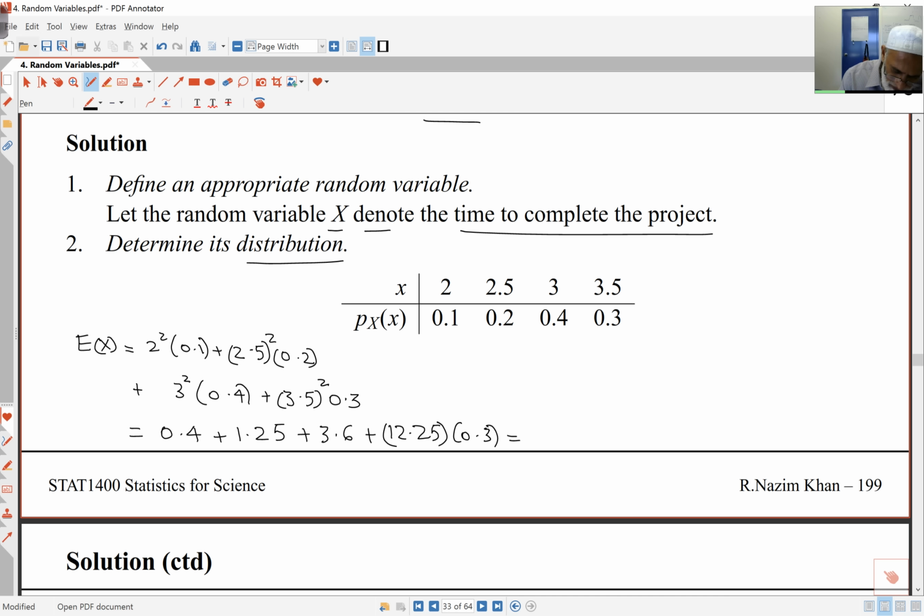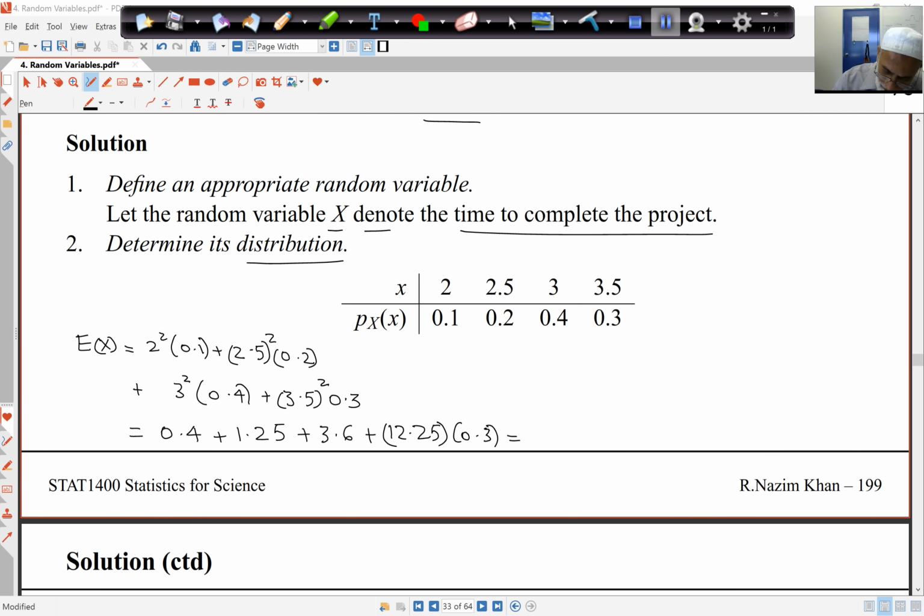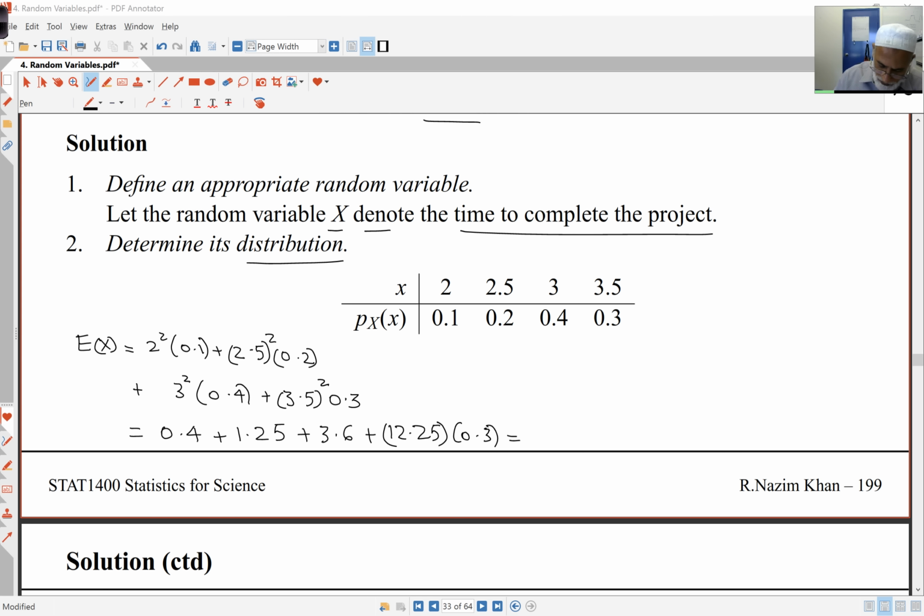I see I've just been doing E of x squared actually, sorry, so let me put E of x squared there. Let me work with the x squared first. So you'll find the numbers work out to be 8.925.